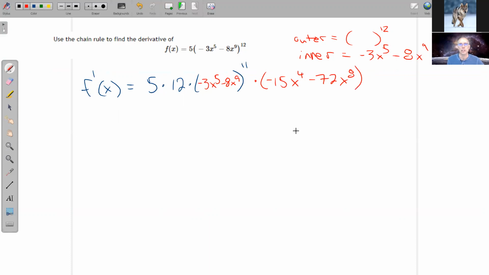And let's see, what can we do to clean this up? Not too much. I suppose we could factor a negative 3 out of here. So what would that give us? 3 times 5 is 15 times 12 is 180.